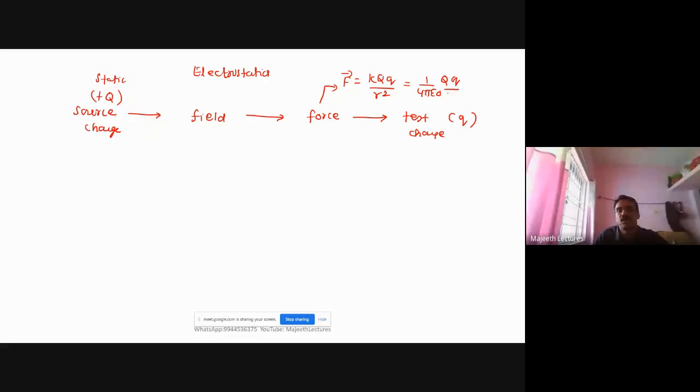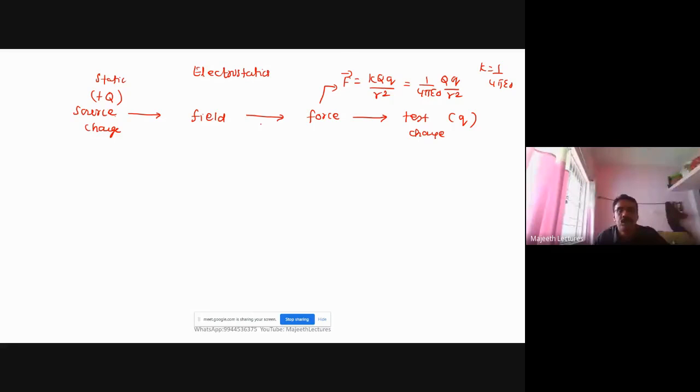Please remember K is equal to 1 by 4 pi epsilon naught. Capital Q is the source charge, small q is the test charge, and R is the distance between them.